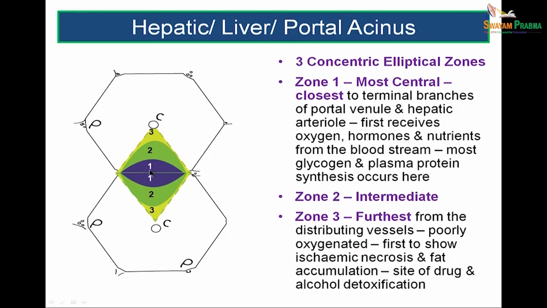The portal acinus, or hepatic acinus, also called liver acinus, is divided into zone 1, zone 2 and zone 3. Zone 1, you will notice, is very close to the blood supply.